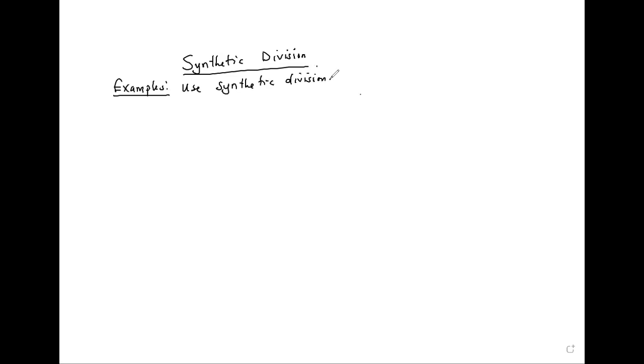Example 1. You are dividing f of x is equal to x power 3 minus 7x squared minus 4x plus 28 by x minus 3.